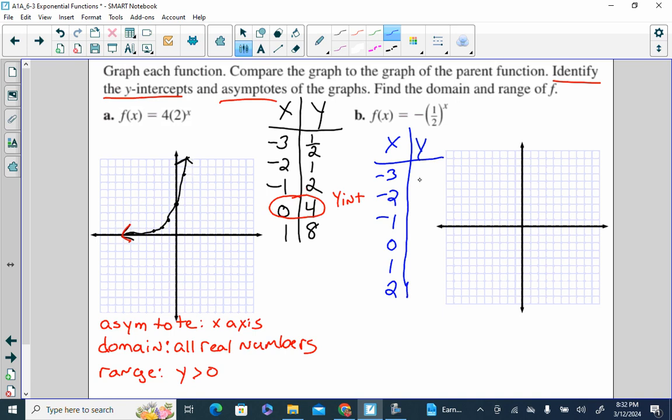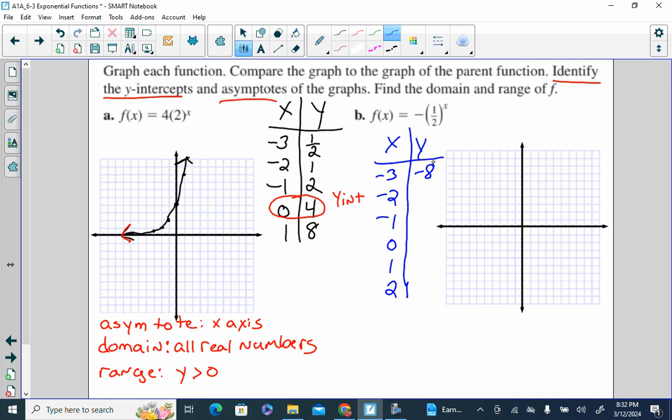Now, 1/2 to the -3 is the same as 2 over 1 to the third power. 2 over 1 to the third power is 2 times 2 is 4 times 2 is 8, but we want the opposite of that, so that's going to be -8.